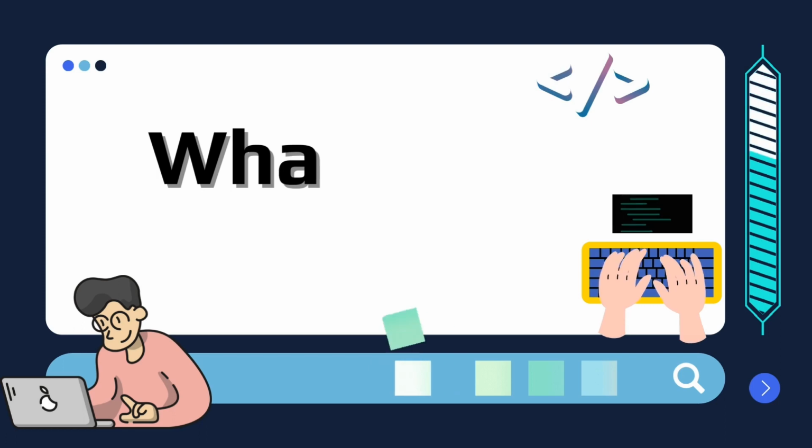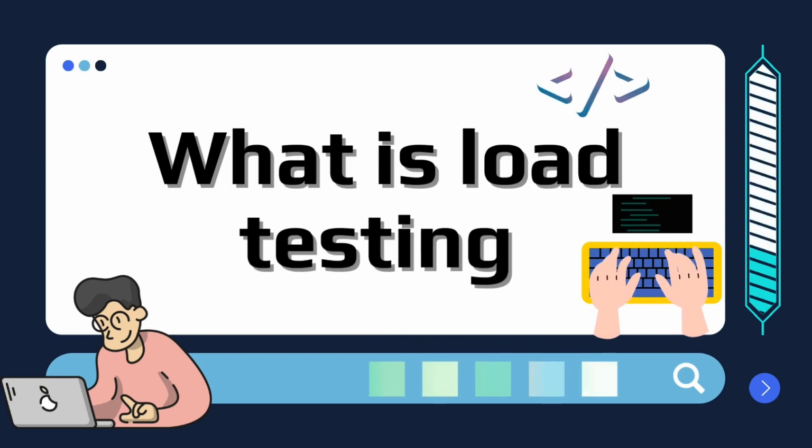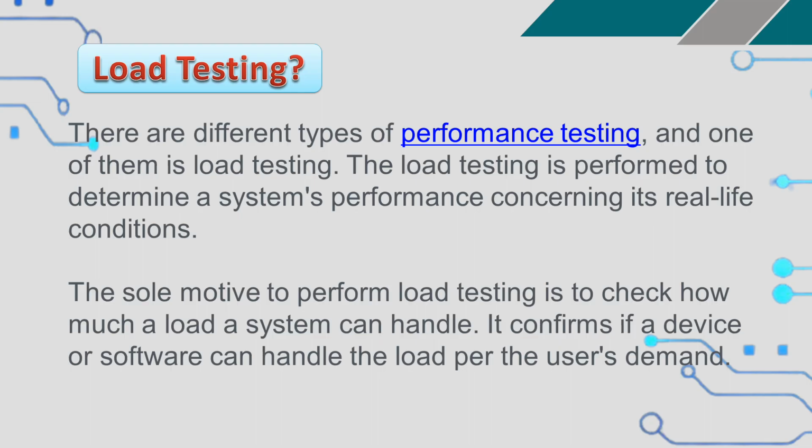What is load testing? There are different types of performance testing, and one of them is load testing. Load testing is performed to determine a system's performance concerning its real-life conditions. The sole motive of load testing is to check how much load a system can handle. It confirms whether a device or software can handle the load per user demand.